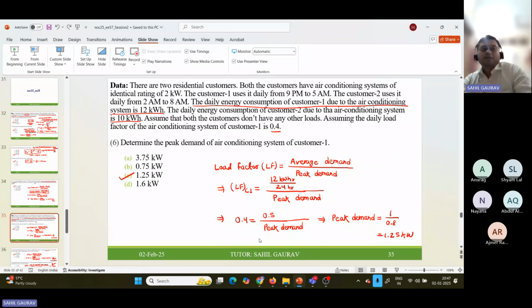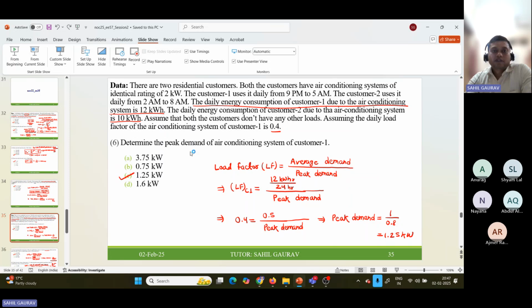Now for problems 6 to 10. In this problem there are two residential customers having different types of load variation, and in the data they have given the daily energy consumption for customer 1 and customer 2. The daily load factor for customer one is also given.